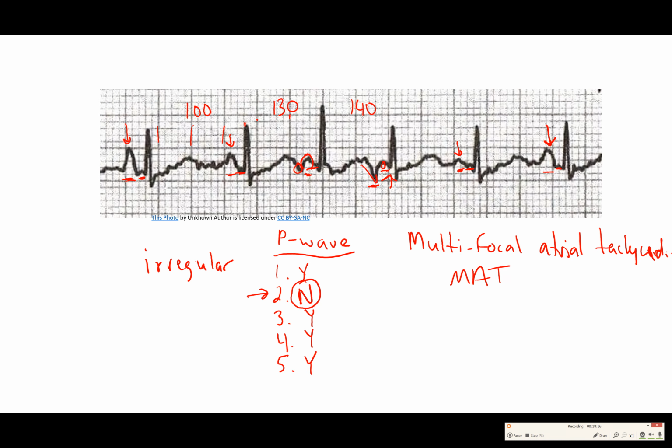So this is a tachycardia, and because the P waves are changing, it's atrial because there's P waves, right? That's what P waves mean, atrial depolarization. So we know that the rhythm is coming from the atria, but instead of coming consistently from the SA node, which would give you a P wave that's the same shape and size, we're actually getting different shapes and sizes of P waves. So we have multifocal atrial tachycardia.